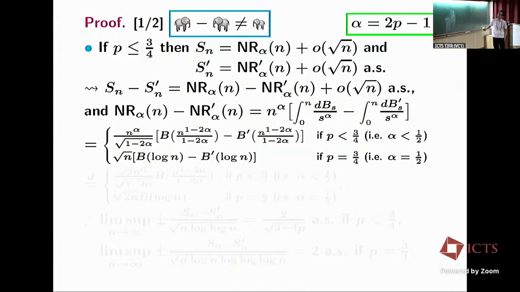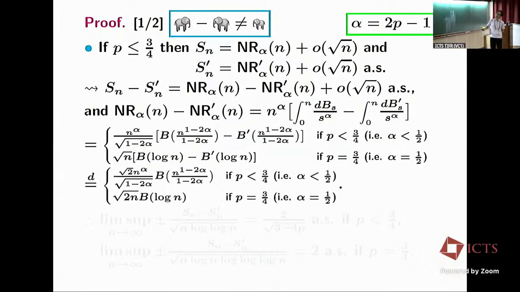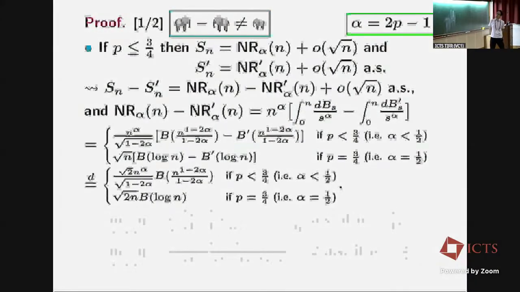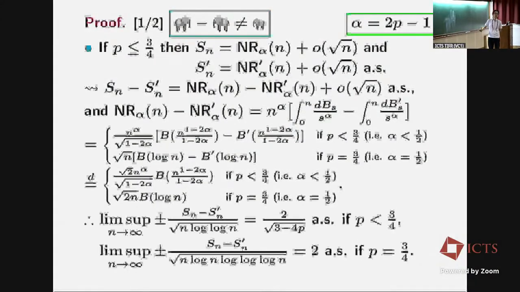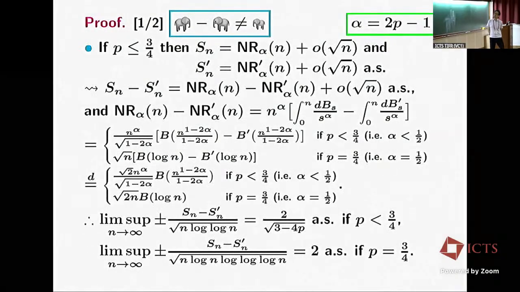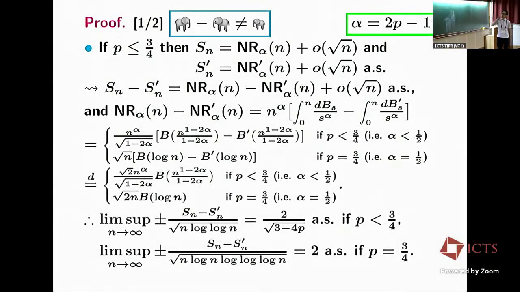Because B and B prime are independent, this has the same distribution as a single Brownian motion, and applying the law of the iterated logarithm for the standard Brownian motion, we obtain this oscillatory behavior of the difference. This implies infinitely many collisions of two elephant random walks.